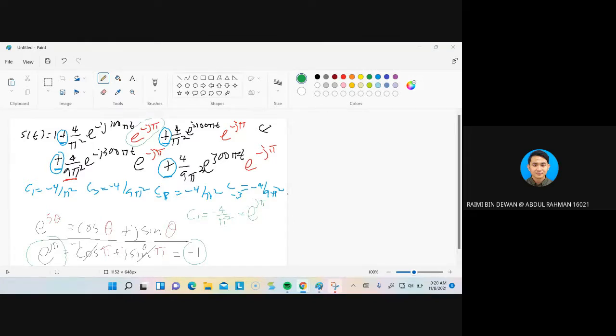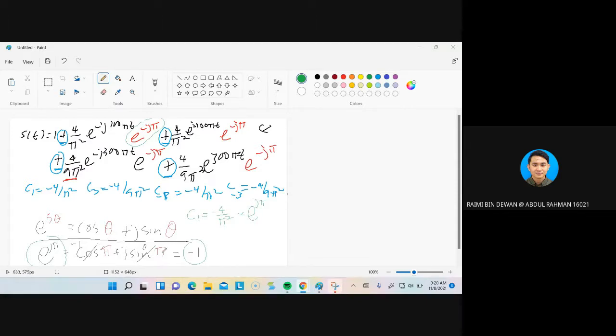Okay, wait, I want to check this first. But the basic is there. Actually, later on you might need to manipulate this. Maybe you need to use pi over 2. If pi over 2, what do you obtain here? Can anyone try to do this before I check the typos?